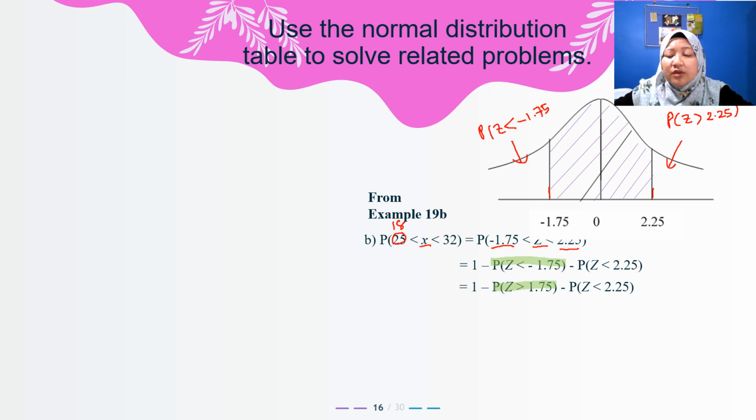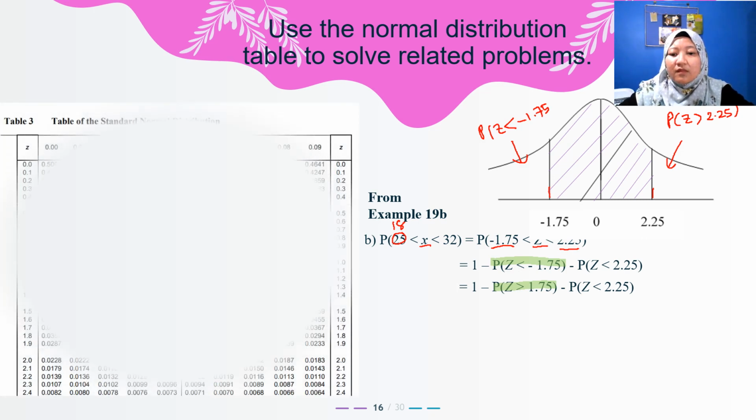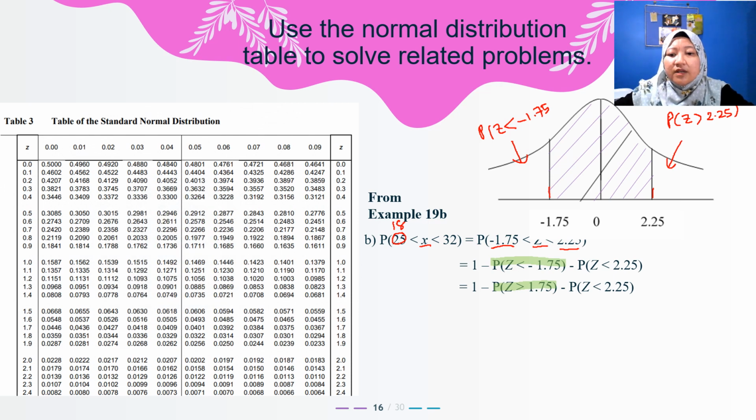So, kita tahu dia adalah equivalent area sebab dia adalah symmetrical curve. So, kita tukarkan kepada Z greater than 1.75. Okay, refer the table. Find 1.75. 1.7 plus 0.05. We have 0.0401.